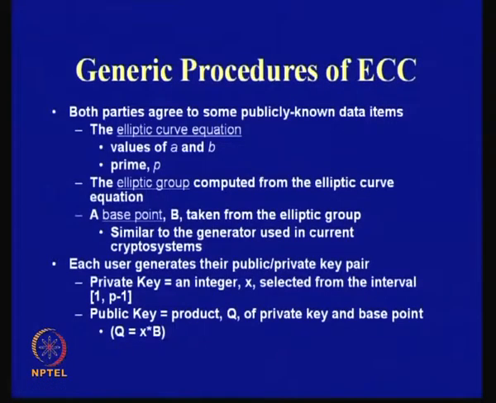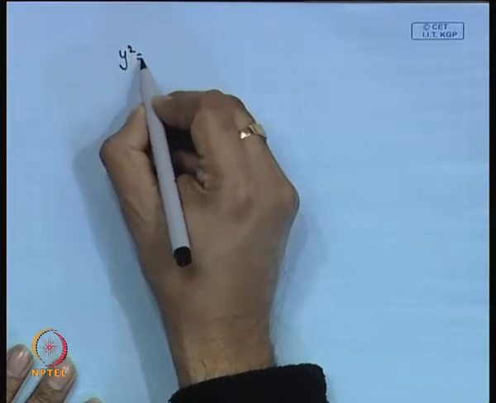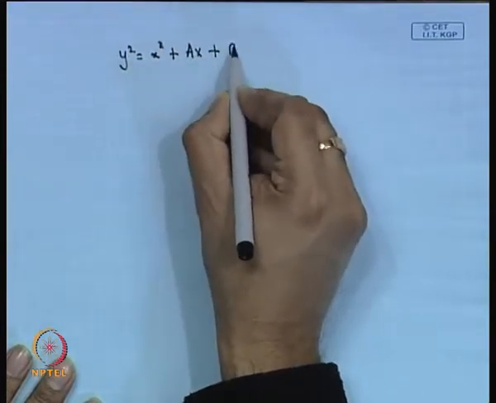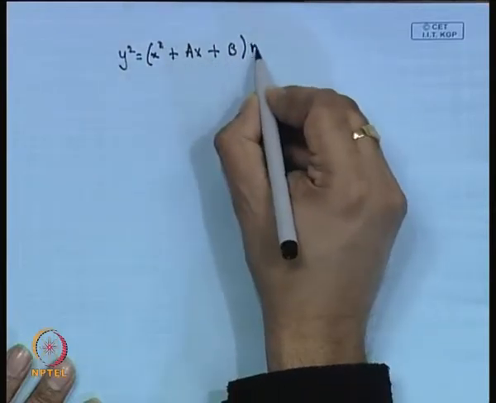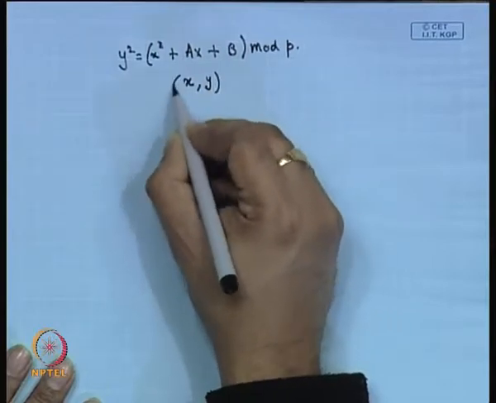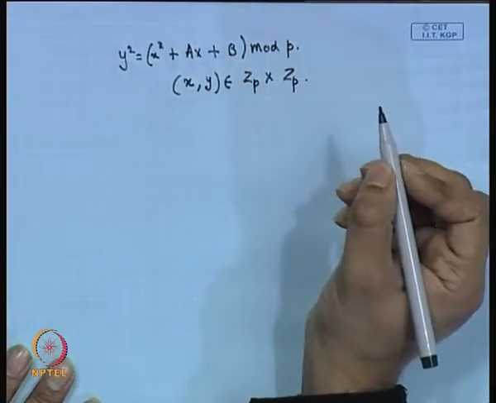So, first of all you choose a corresponding curve equation, y squared equals x cube plus ax plus b, and whenever you are doing it there is a modulo p, because these elements x and y are chosen from Zp cross Zp.